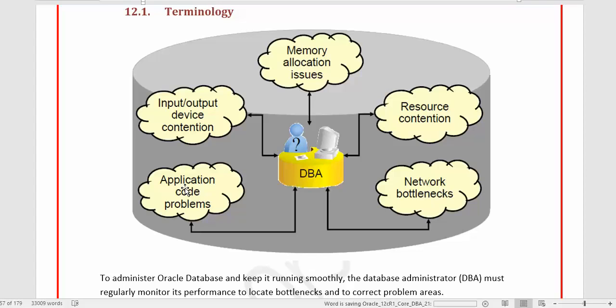If a database server is ready to push 100 packets of data, but because of the network bandwidth it can only push 10 packets per second, definitely there is a network issue. If the network is able to accept 100 packets per second, the database would definitely perform much better than with 10 packets per second. So network bottlenecks would also be one of the performance tuning areas that an Oracle DBA would be working on.